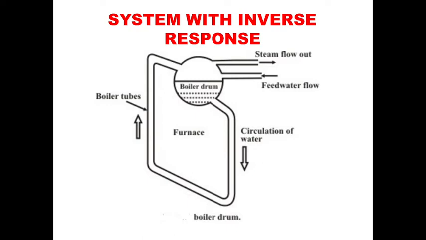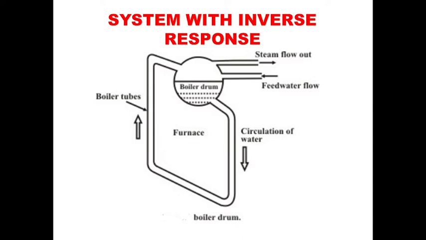This is because the drop in steam flow rate will initially cause a rise in steam pressure in the drum. Due to the rise in pressure, the bubbles present inside the water in the drum will momentarily shrink.